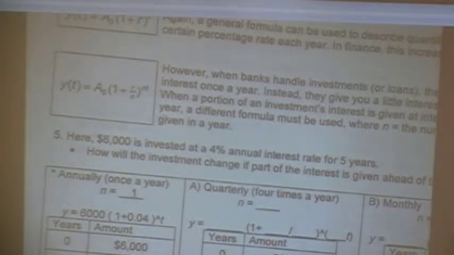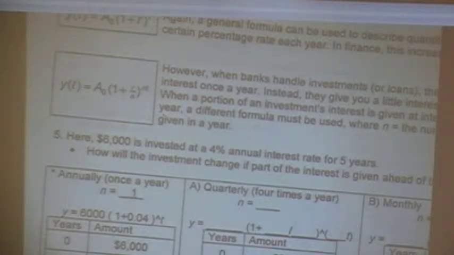So that's what the N represents: how many times they actually give me interest. It's called compounding. Whenever you go to put money into a savings account, one of the things you want to know, and that they will tell you, is how often they compound interest. That means how often they pay you your interest.